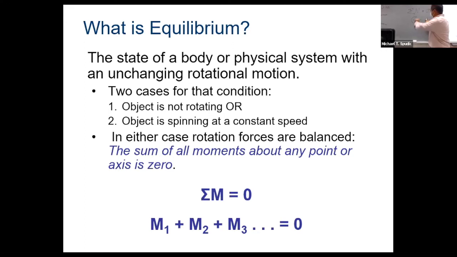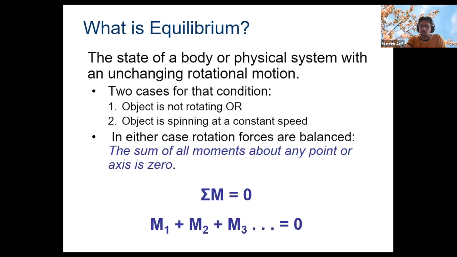Now, what about B? B, the bridge would want to spin around this way because the weight of the bridge would cause it to want to spin around that way. All right, so we have another moment that's going this way. And that's going to be the moment B. All right. Which one's positive, which one's negative? Is A positive moment or a negative moment?